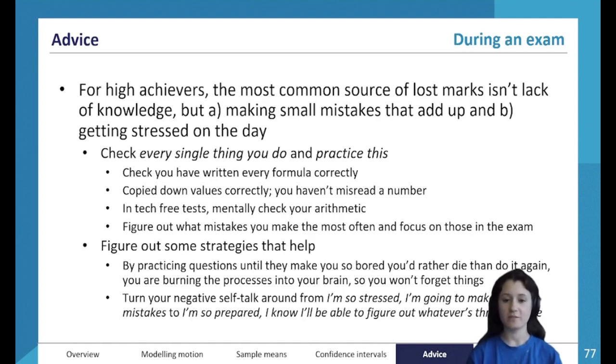Also, fix your negative self-talk a little bit. That sounds very cliche, but make sure you're thinking positively about the exam, thinking positively about the revision. It really does make a difference, I promise, even though it sounds very cliche.